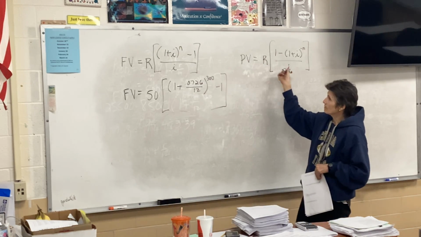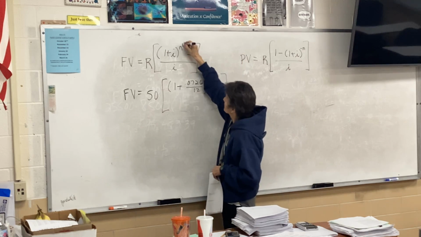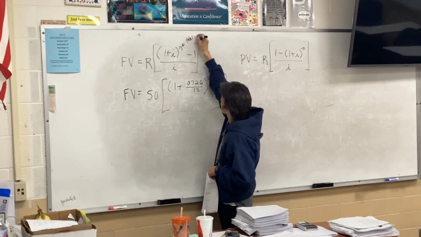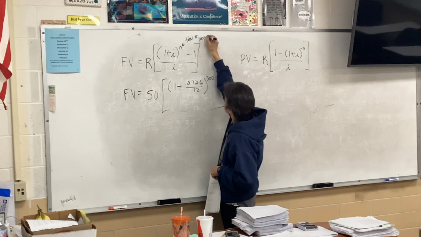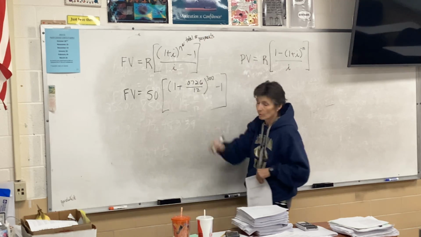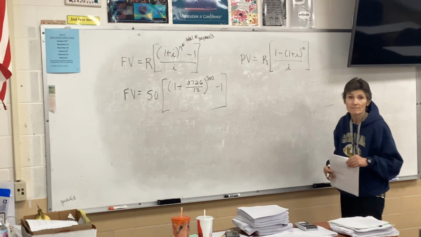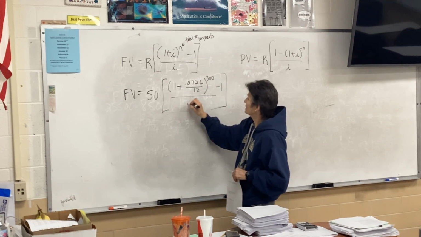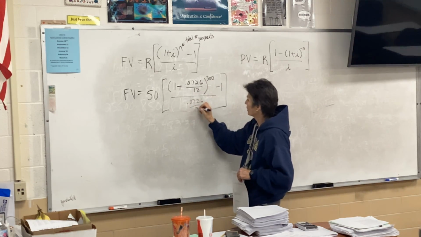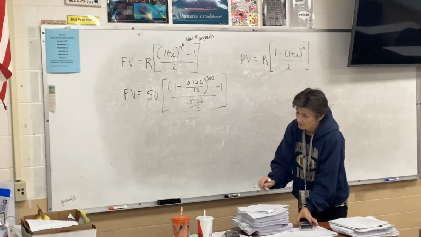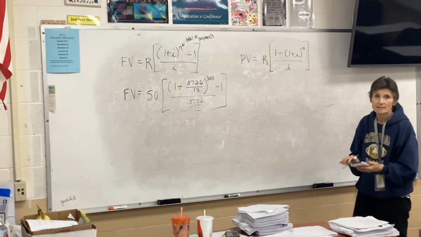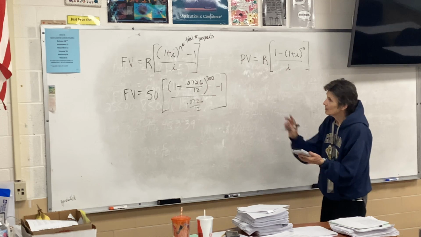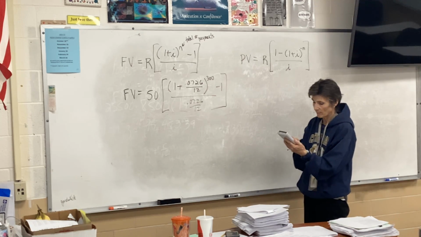In these formulas, this n is the total number of payments. So monthly, 12 times a year, 25 years, 12 times 25. And then we're dividing by 0.0726 over 12. No logarithms necessary. This is a plug and chug. You do it however you want. We'll see if we come up with the same answer.